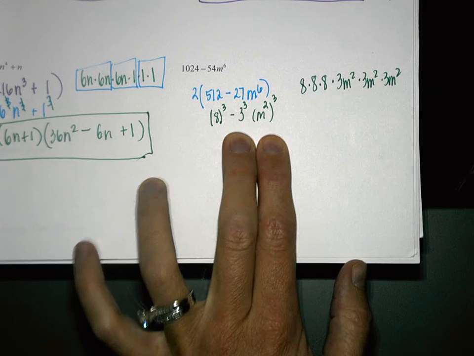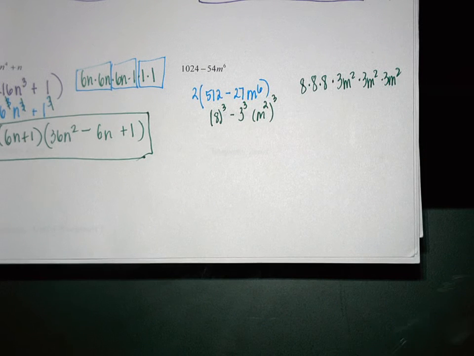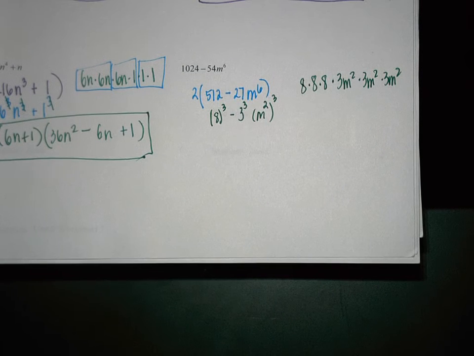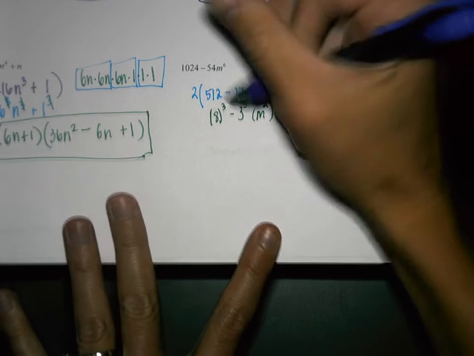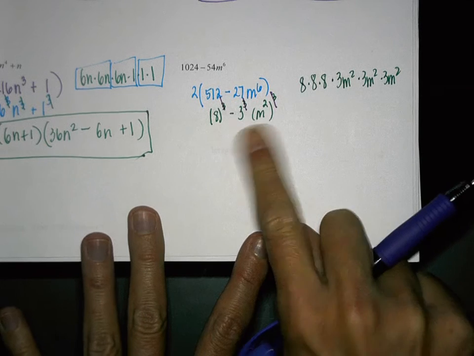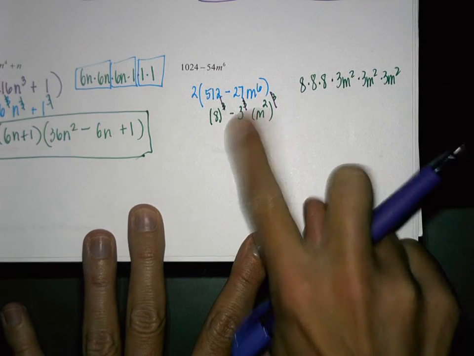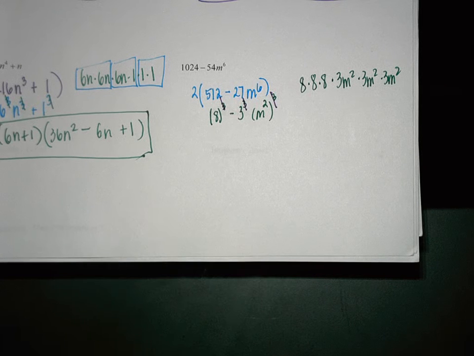So it's like you're taking one of each of these things and writing it. What about your negative? We've never used that in it. Okay, that's where SOAP comes in. And if you wanted to, when you're writing these out, you could cross off all your 3's, and it may make it more visual, like, okay, I need to write 8 3 times and then 3m squared. If you take off those 3's, maybe it makes it look less confusing.